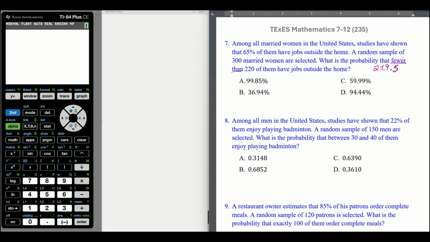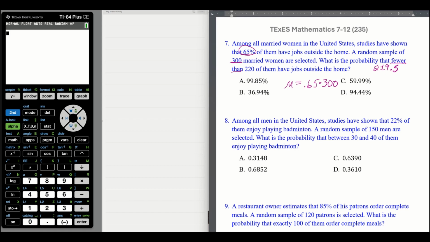Okay. Also, we have to put in an adjusted mean. So that means we have our mu is 0.65 because they gave us a probability. They did not just straight give us the mean. And we multiply that percentage times our sample size. Let's see, do we need anything else? Yes. They do not give us a standard deviation.